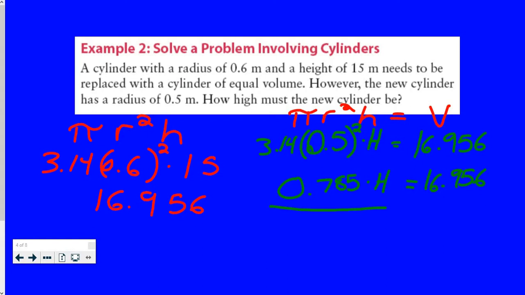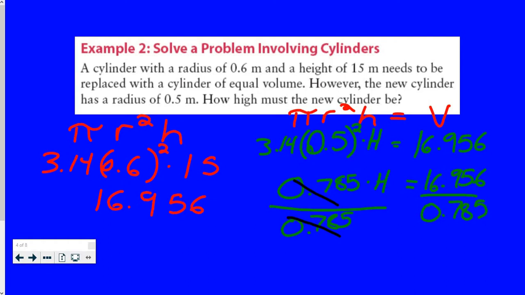So we divide by 0.785. If you need a refresher on that, it's found in chapter 11 in grade 7. But divide 0.785 on both sides, because whatever you do to one side, you do to the other side.